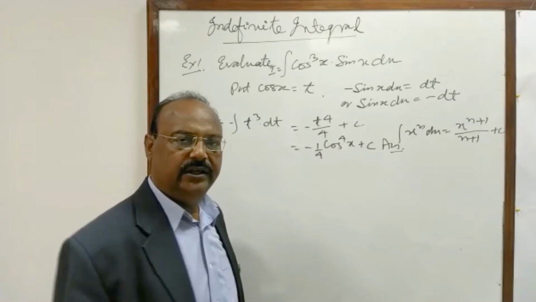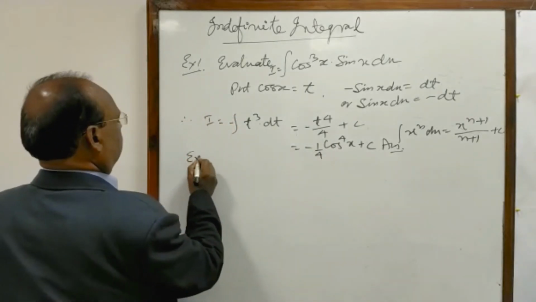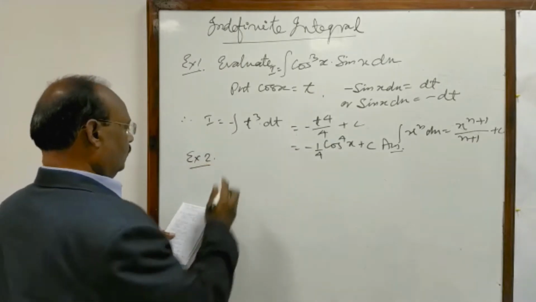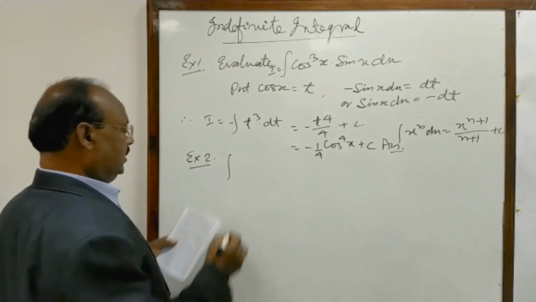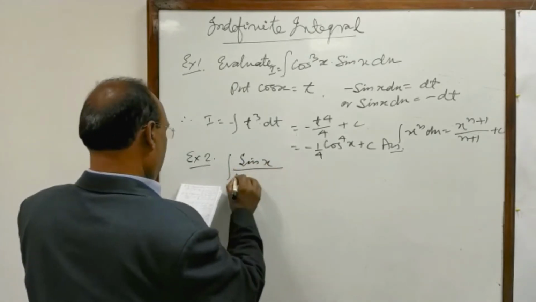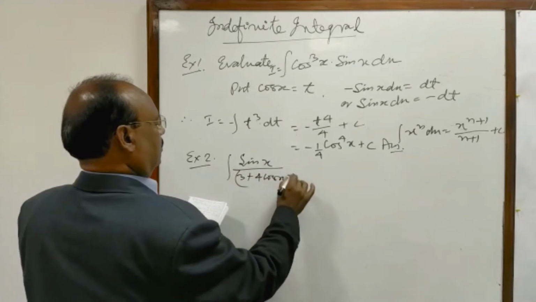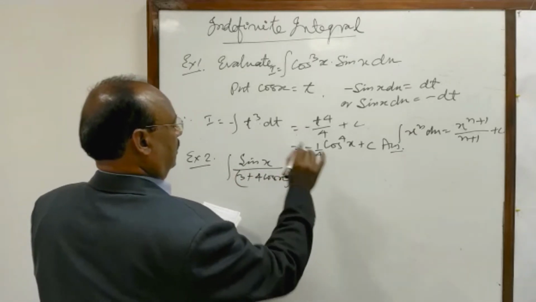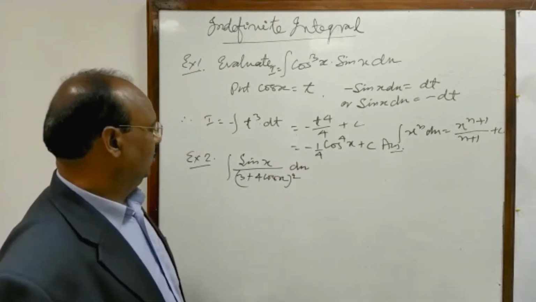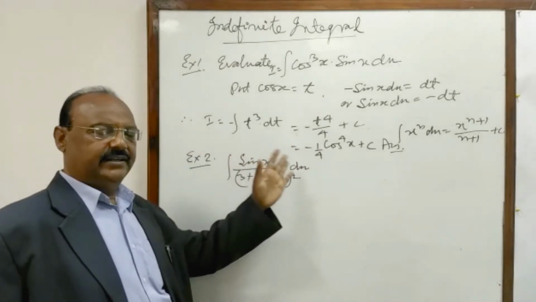Now let us see the next question. We have to evaluate the integral of sin x upon 3 plus 4 cos x whole square dx. You see, the derivative of cos x is minus sin x dx.